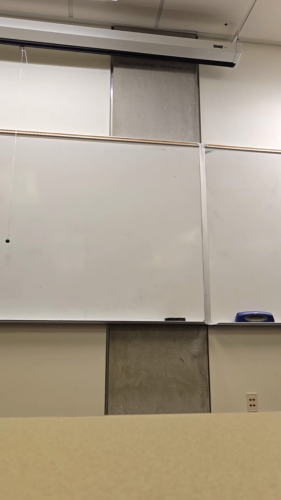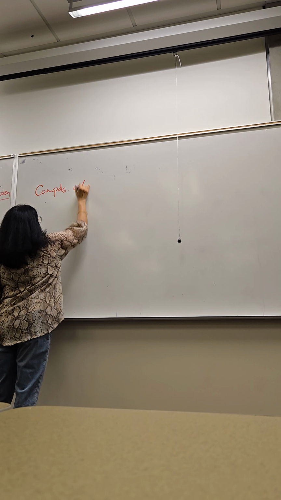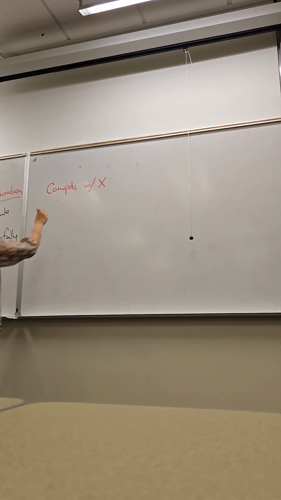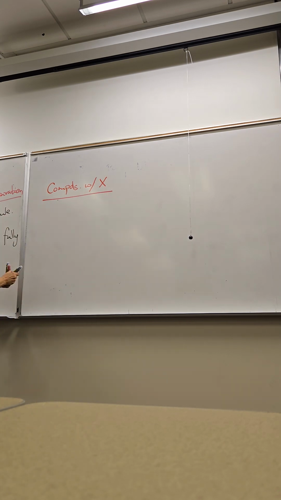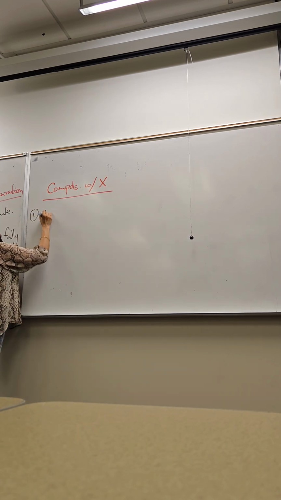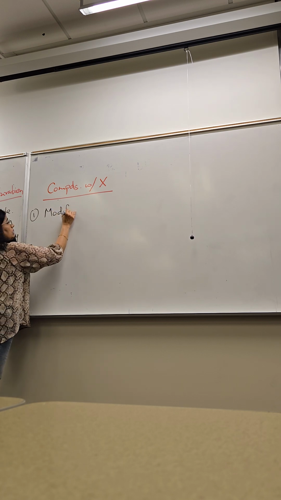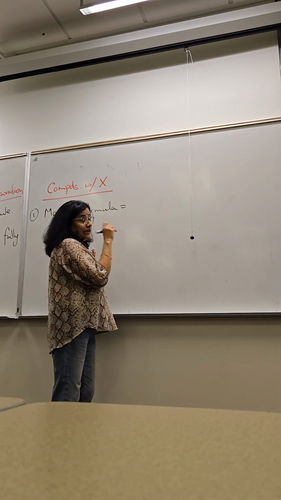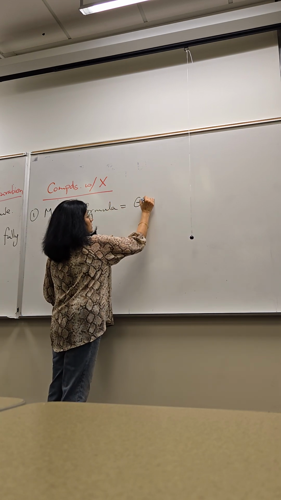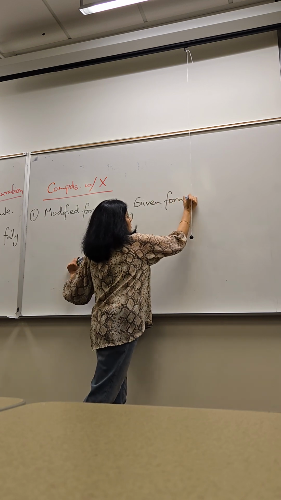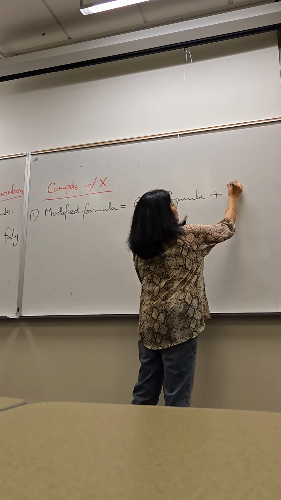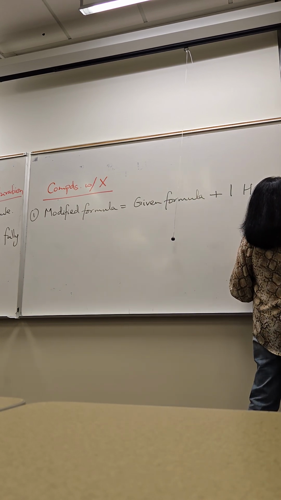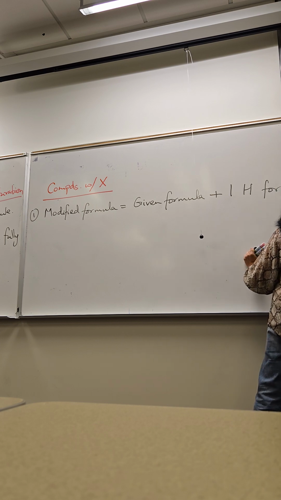Compounds with halogens, fluorine, chlorine, bromine, iodine, any of those. Step 1, we figure out a modified formula. What is that? That is basically the given formula plus 1 hydrogen for every halogen, and drop the halogen.